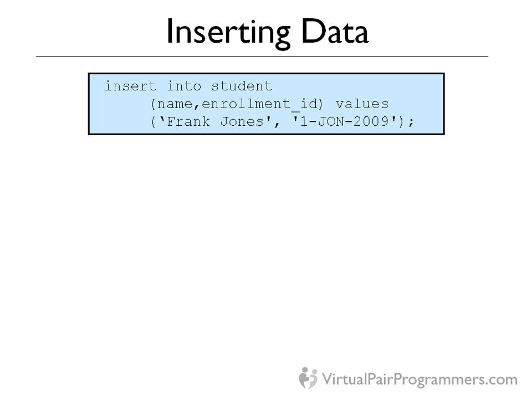I could do the enrollment ID first and then the name, or I might just insert an enrollment ID into the table and leave the name blank. That's why we need to list the column names here. Then we follow with the keyword values, and then in round brackets, the data that we want to enter. Now notice that these strings need to be in single quote marks. It won't work if you use double quote marks.